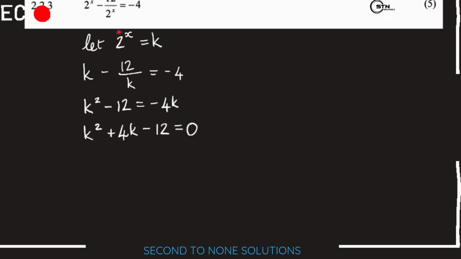If I had left it as 2 to the power of x, I would have had 2 to the power of 2x plus 4 times 2 to the power of x minus 12. So this just makes it easier to cope with.